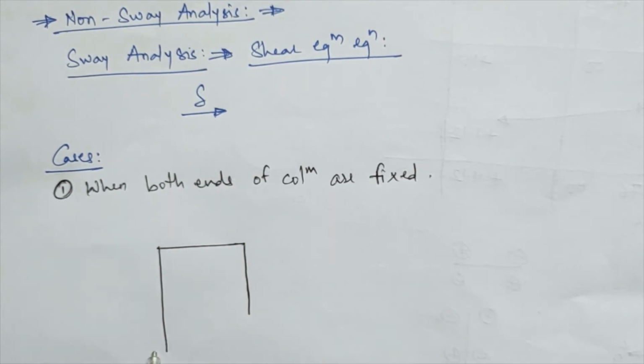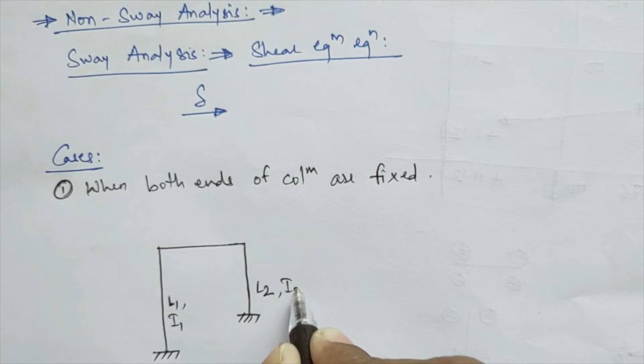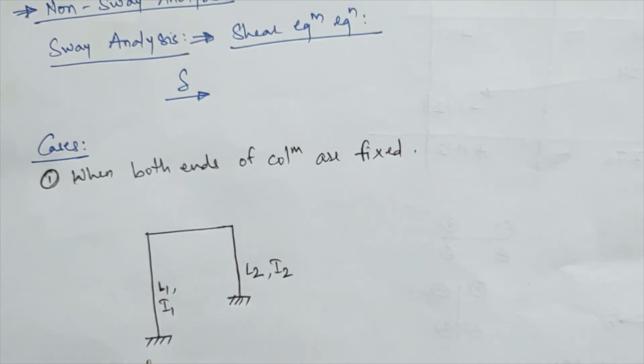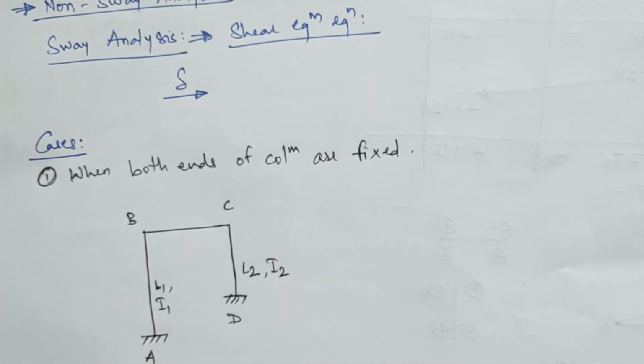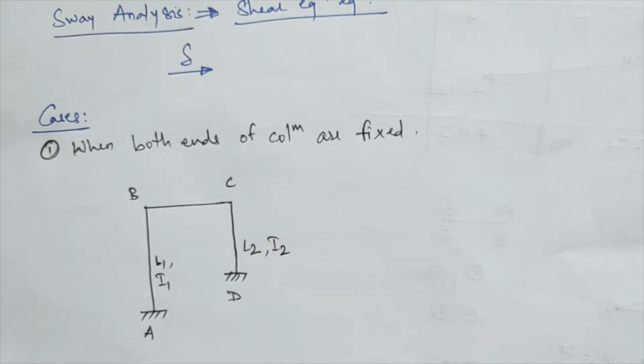Suppose these are the two columns. I am changing the length of these two columns. Suppose length of the first column is L1, length of the second column is L2. Then moment of inertia for the first column is I1, and for this it is I2. This is A, B, C, and this will be D.